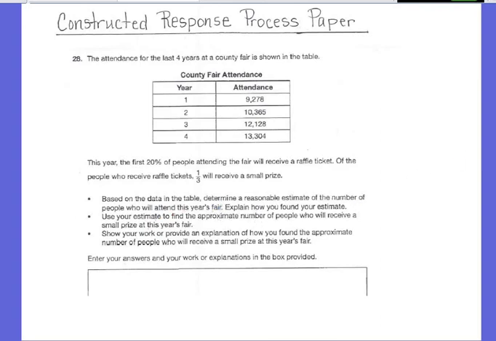So I'm going to go back over to my blank process paper. You might have to flip to the back. And now I'm going to show how I got the amount for the small prize. I'm looking at year 5, and the estimate I used for year 5 was 14,600.